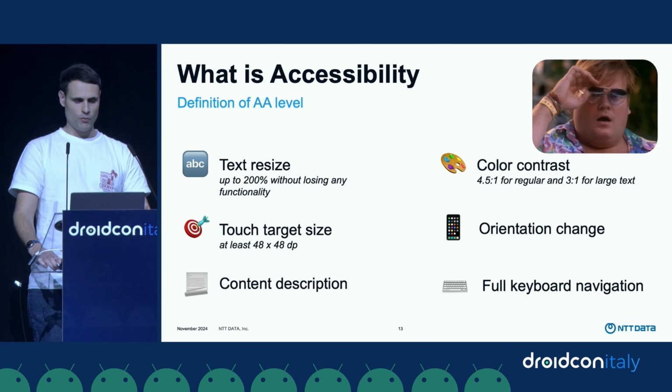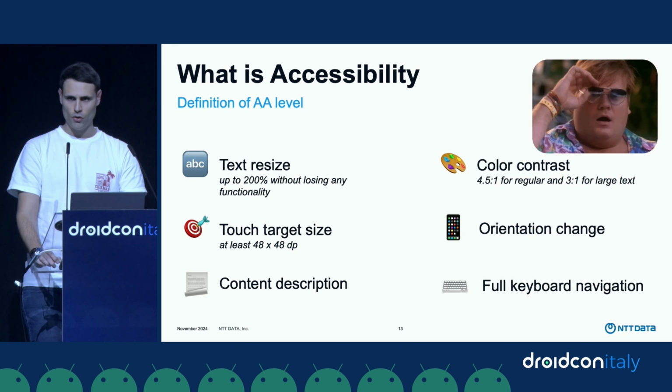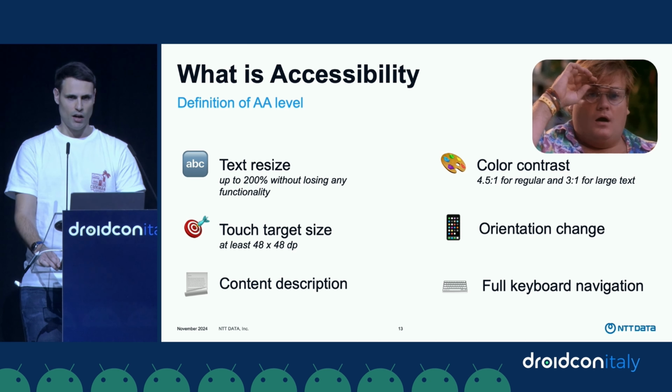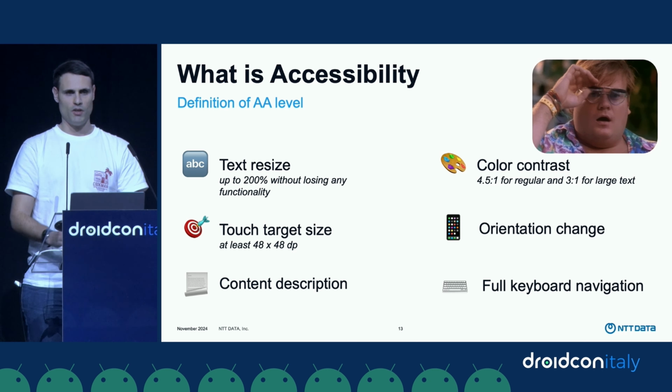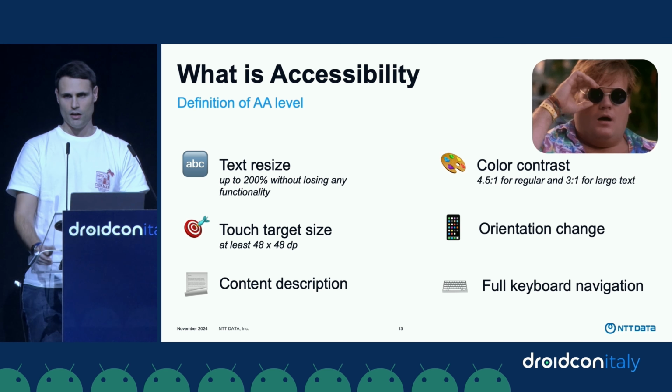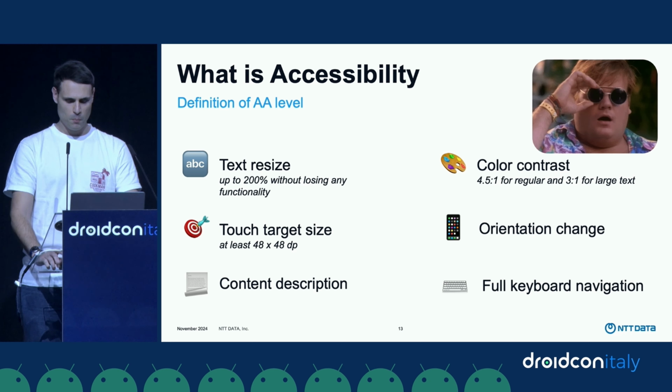Starting from the top left, we have the text size. Any user should be able to increase the font size of the phone and be able to use our app, so we don't have any kind of breaking layout. The scale must be perfectly usable from 100 to 200%.